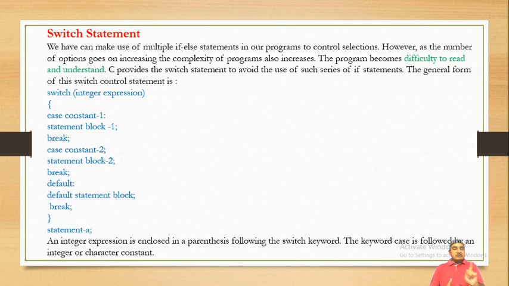So switch integral expression, case constant 1. If we put switch 1, it indicates case constant 1. This is our input. Statement block 1 is executed, and after execution of this statement block, we use the break statement, which jumps out of the loop without going back to test the condition.